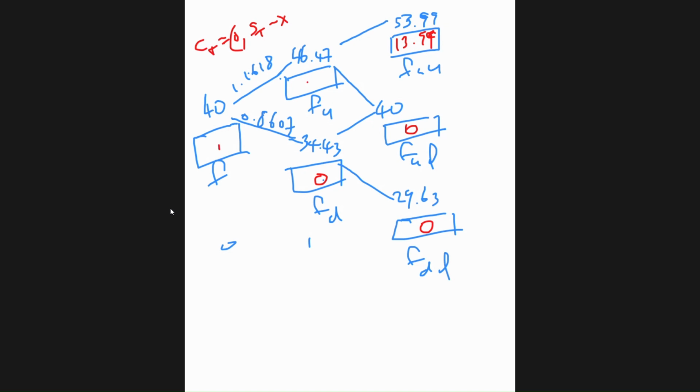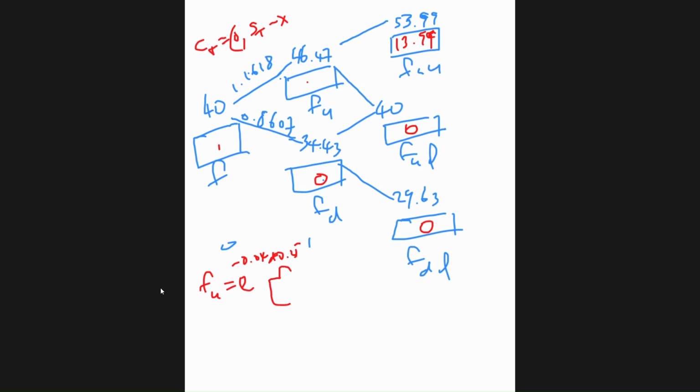So FU is going to be exponential negative. What was R? R is 4%, which is 0.04, times the step length, 0.25, times the probability of the price going up.